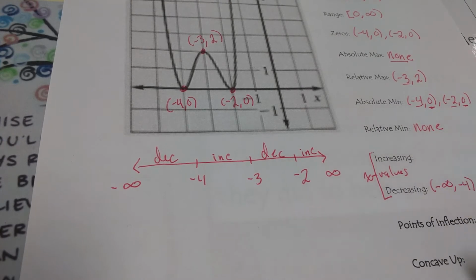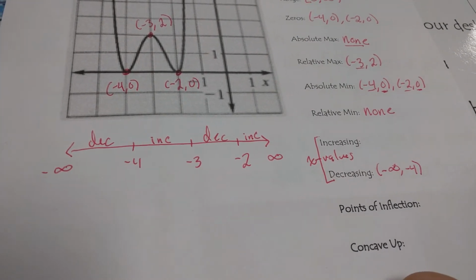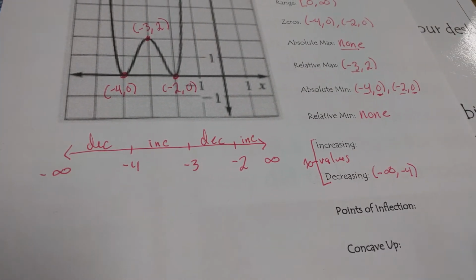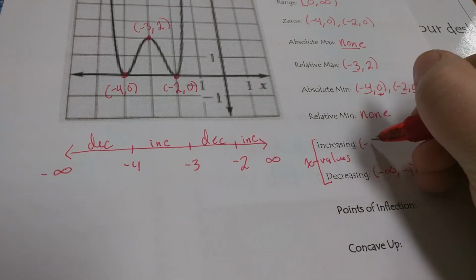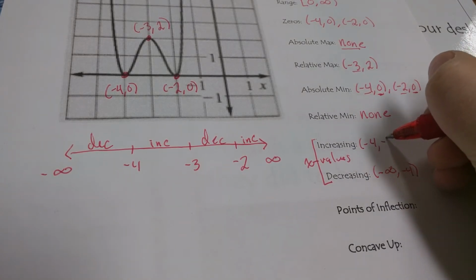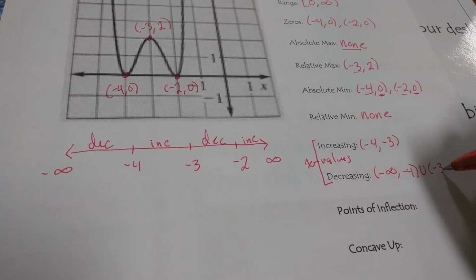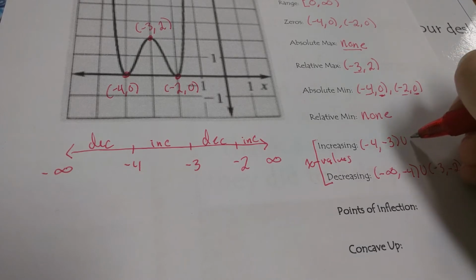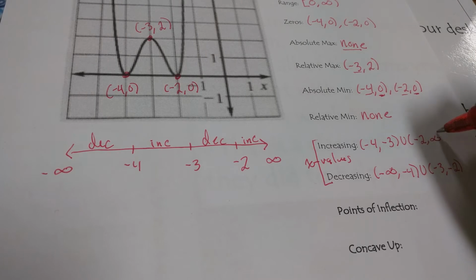That -4 is not included because I am not increasing or decreasing at that moment. Then, if I stop decreasing, I'm going to start increasing at -4 until -3. And then I'm going to start decreasing again from -3 to -2. Don't forget your little u's here. And then I end up increasing from -2 to infinity.